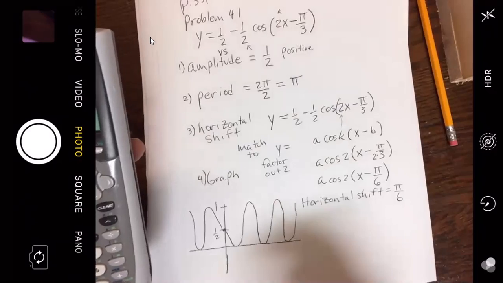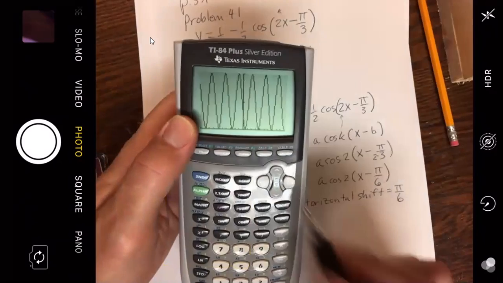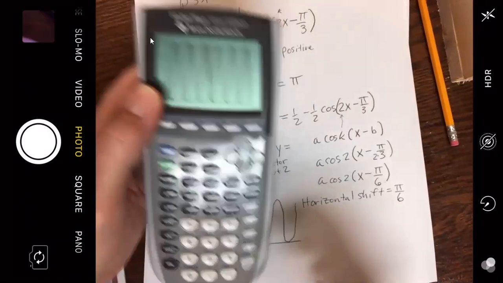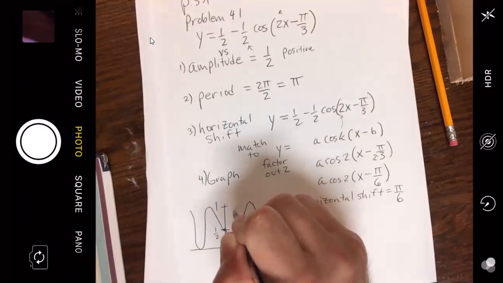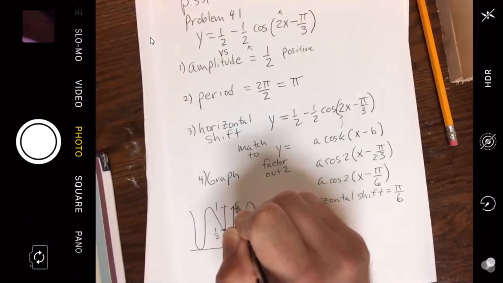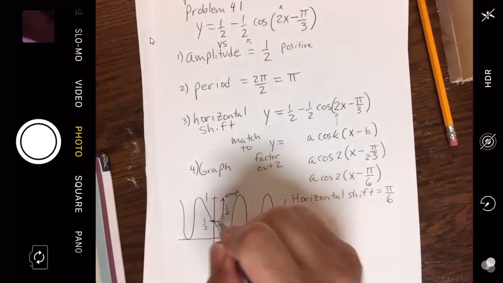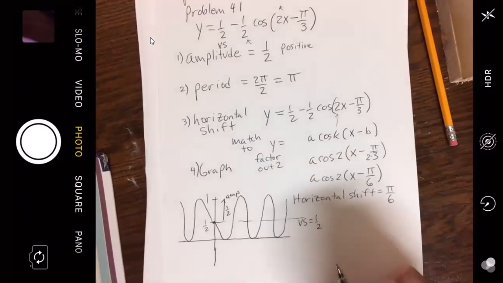Bad. It should look uniform. Tough to draw by hand. Not an artist. It does look uniform. You don't have to label the things on the graph, but just to show you your amplitude, that distance from that center up is a half. That's your amplitude. Okay. Your vertical shift is a half, even though it didn't ask for it.